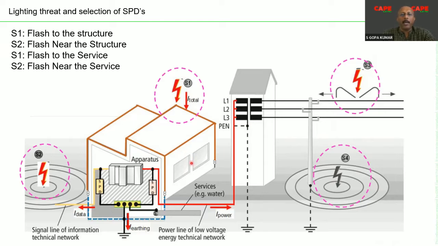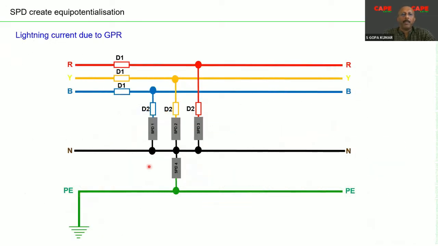electronic equipment at the origin of installation, that means at the main distribution board, here you can see at the main distribution board, we are supposed to create an equipotential bonding with the help of an SPD. In this particular case, you can see a picture with a 3-phase RYB, neutral, PE conductor.